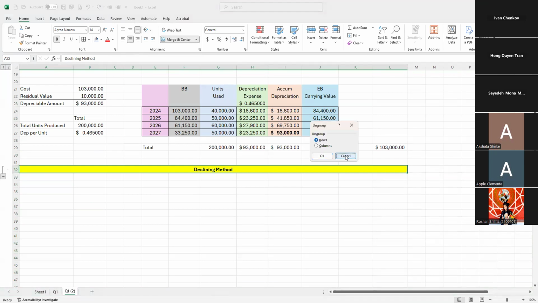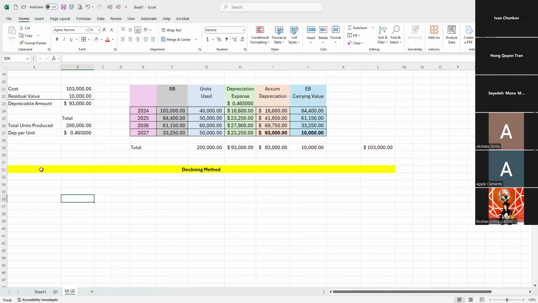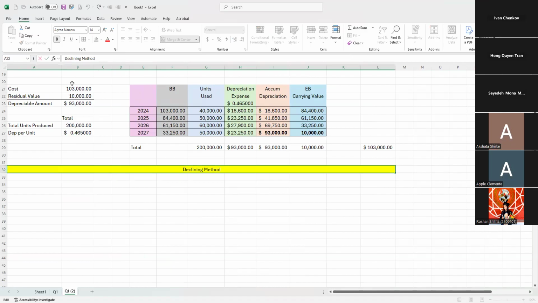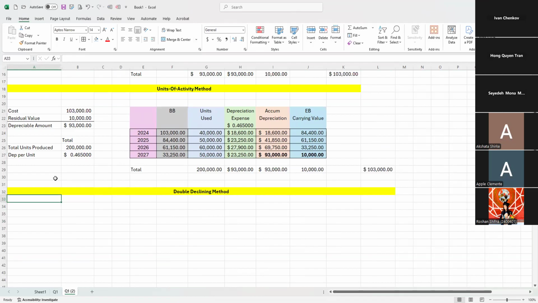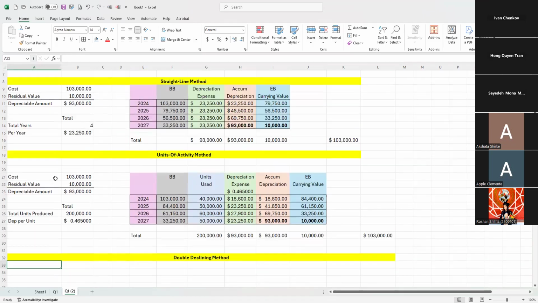And that will be double. So for the double declining method, what do I need? I need pretty much this information here, right?